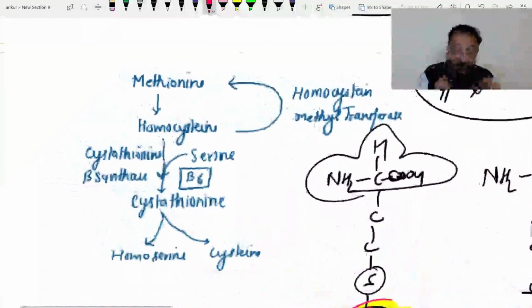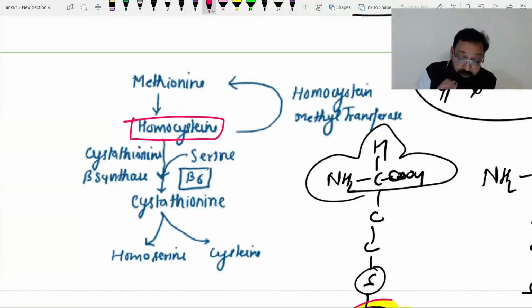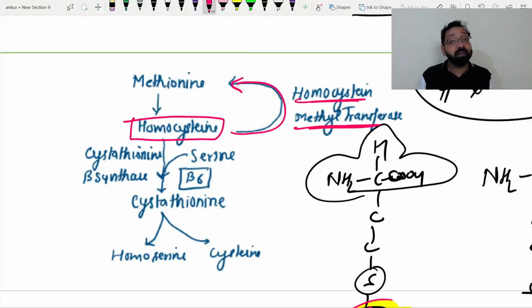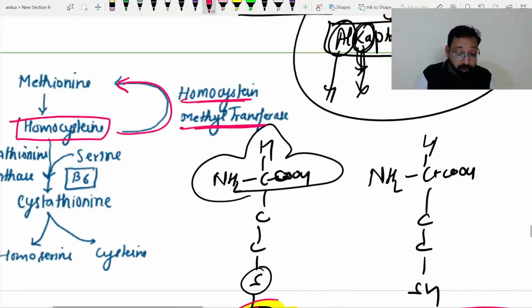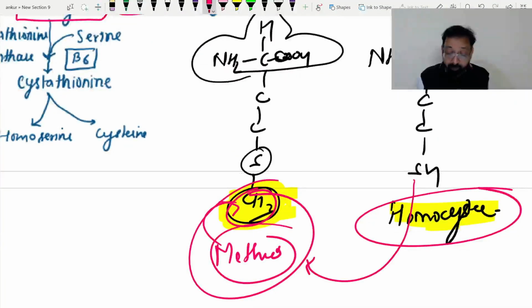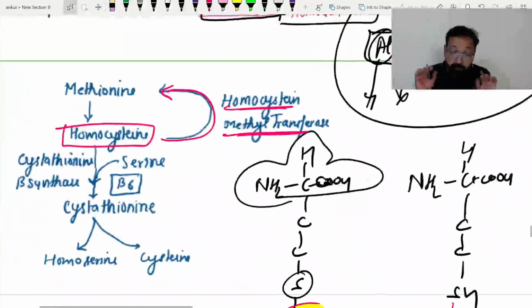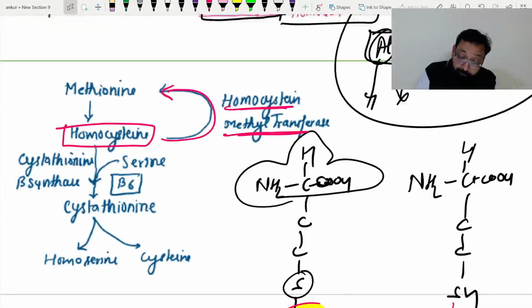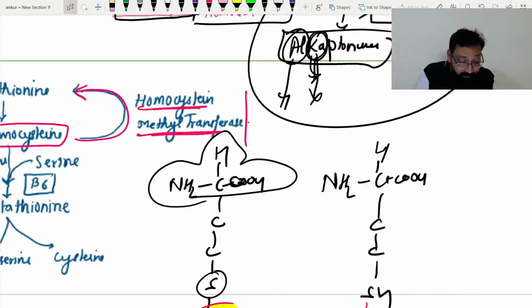So normally in our body, homocysteine is converted to methionine by the enzyme homocysteine methyltransferase. This enzyme will transfer a methyl group to homocysteine. When you transfer a methyl group to homocysteine, it will be converted to methionine. And the cofactor of this enzyme is B12 and tetrahydrofolate, or folic acid.